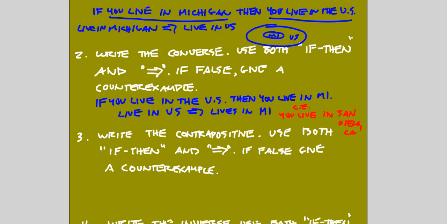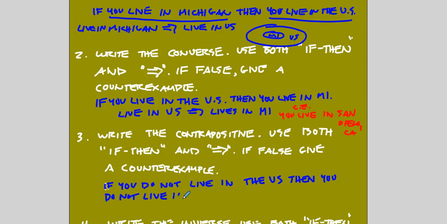So since this was our hypothesis and this is our conclusion, we would say if, let's use blue, if you do not live in the US, then you do not live in MI.